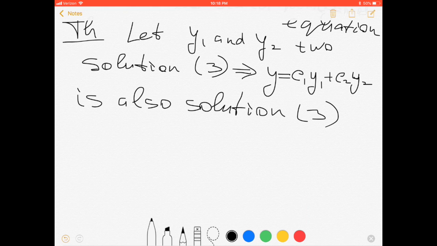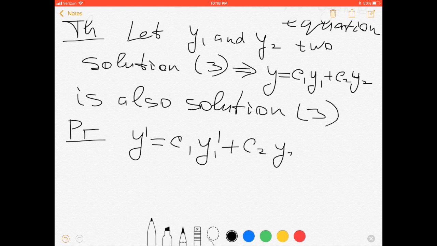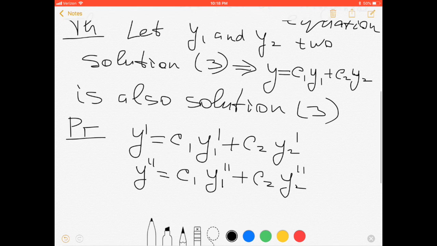How can we prove this fact? First find the first and second derivative of the solution. Y first will be c1 y1 derivative plus c2 y2 derivative, and the second derivative will be c1 y1 second plus c2 y2 second.